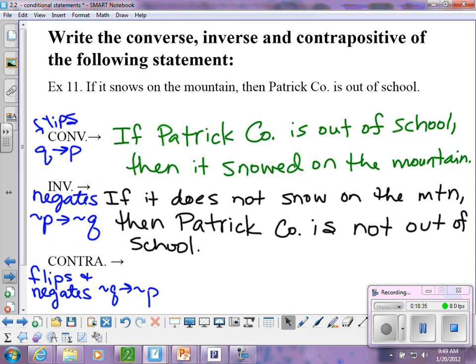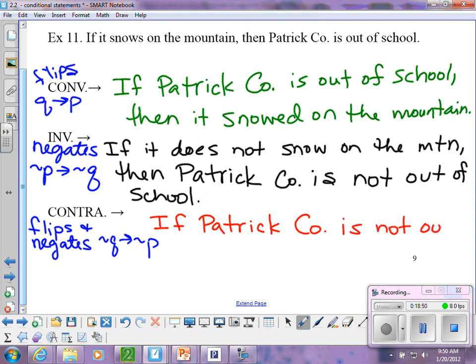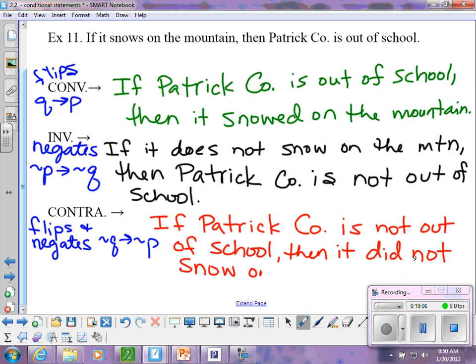So you flip it and you negate it. So what's going to be my resulting sentence? If Patrick County is not out of school, yep, then it did not snow on the mountain.